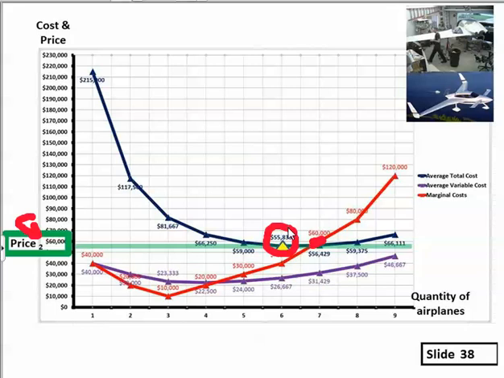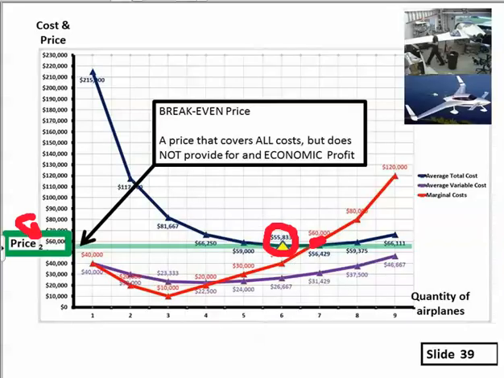Okay. Now, as long as we can get a price higher than our lowest average total cost, then we want to stay in, well, let's rephrase that. Okay, let me go back.